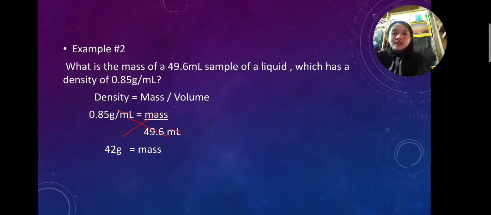The ml on top cancels with the ml below because they are the same unit, and then we cross multiply 0.85 and 49.6 to get the mass.